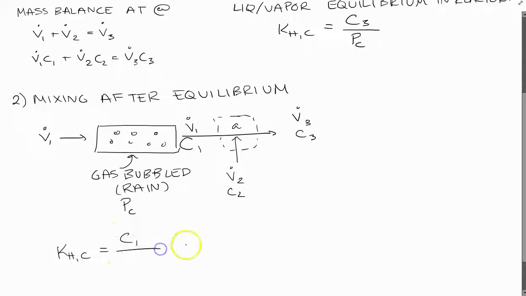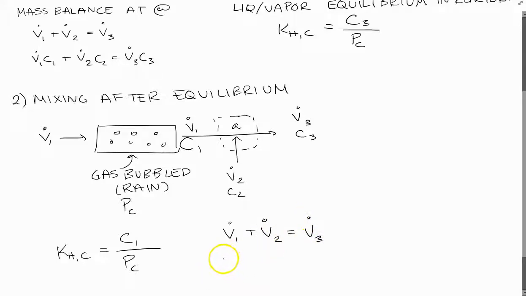Remember, C1 is going to be in moles per liter, and this is going to be the partial pressure of C. And then again, we can do a mass balance at point A. So if our densities of 1, 2, and 3 are all the same, we can simplify the flows like this.